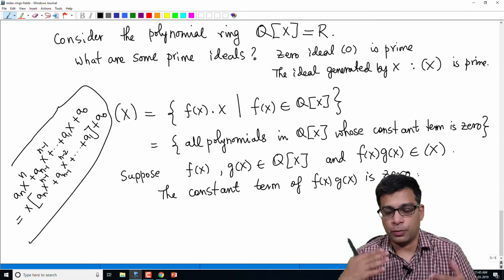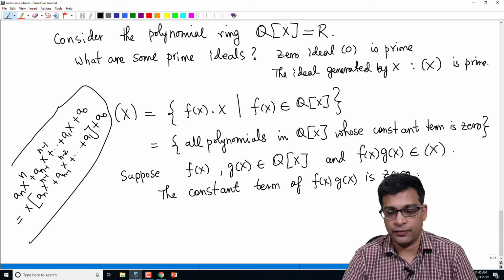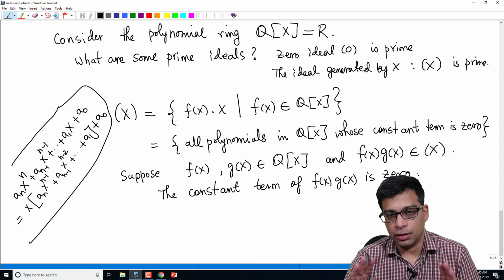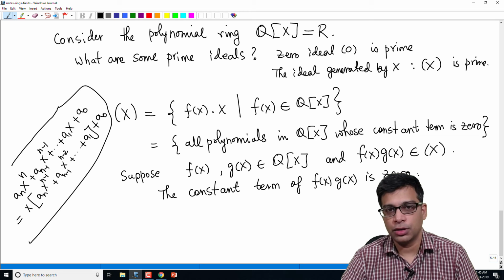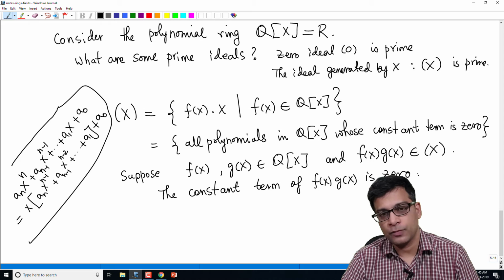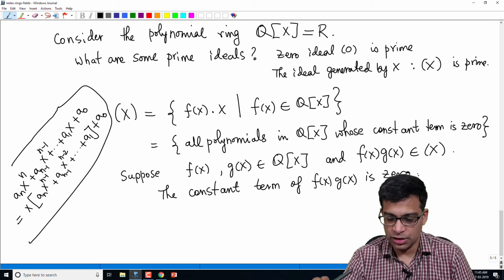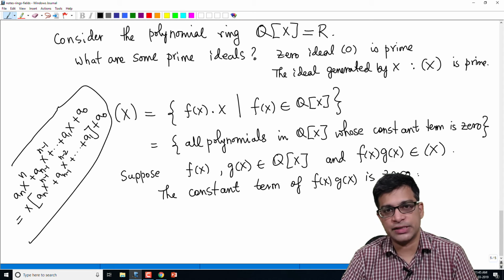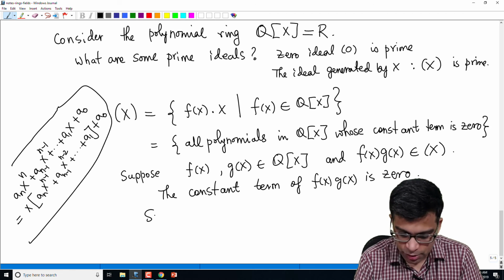But if you think in your mind about multiplying two polynomials f and g, and the product has constant term 0, then it's not difficult to see that the constant term of f or constant term of g must be 0, because the constant term of the product is simply the product of the constant terms.